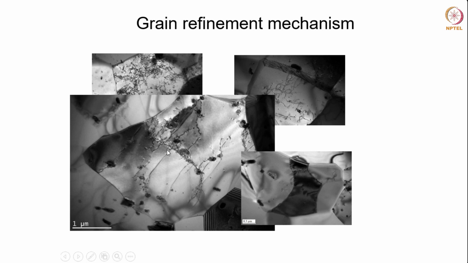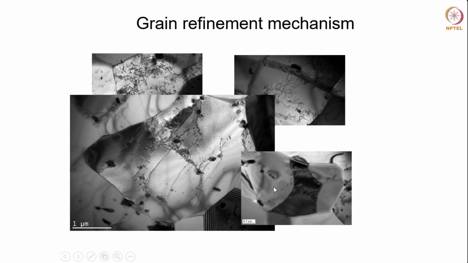If you have more such boundaries forming in a grain, you can expect the grain to be divided into more fragments. It is as simple as that. For example, over here this was a big grain in the beginning, the white color grain that you see. Now there is a boundary over here, which is this dislocation boundary which has formed, then a boundary over here also, and then on the other side.